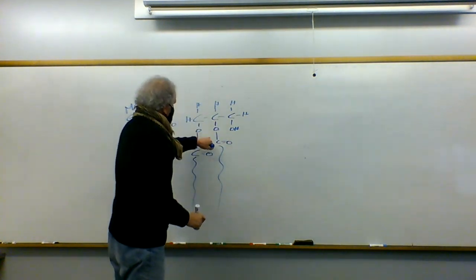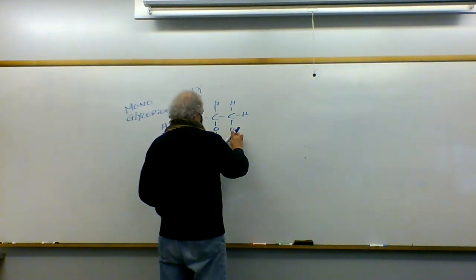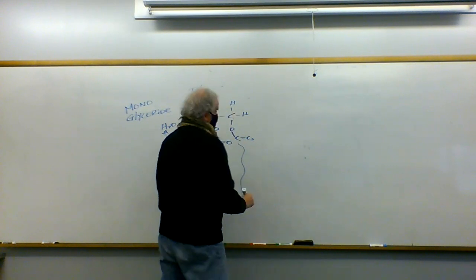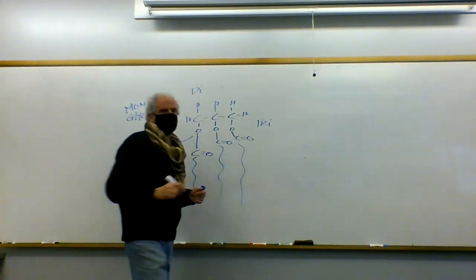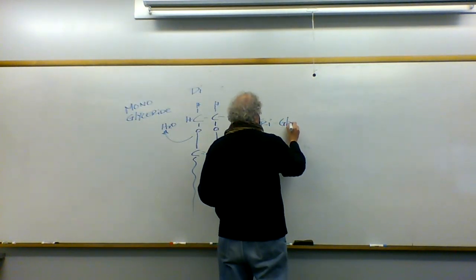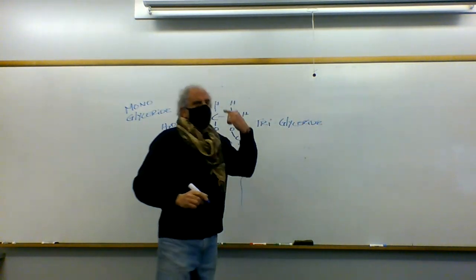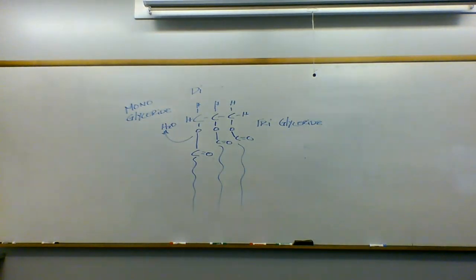The next thing you could do is add another fatty acid, and of course this is a diglyceride. And now we're going to have, can you guess what this one's called? You're right. This is a triglyceride. And I'll just tell you, you are probably not yet old enough to have a full lipid panel on your blood when you go to the doctor, but wait another 10 years and they'll do this.